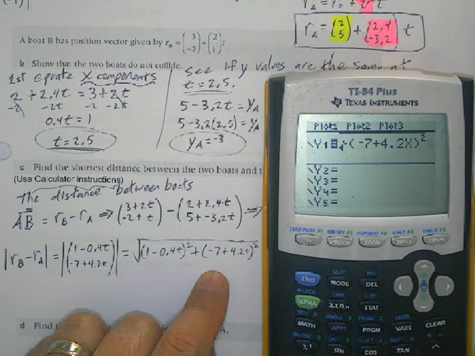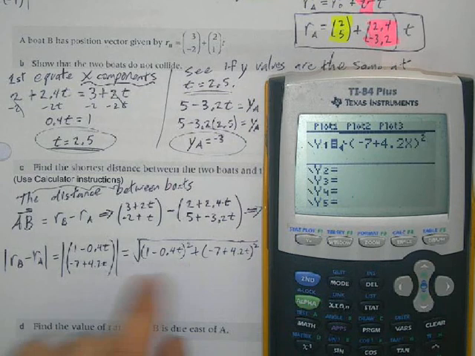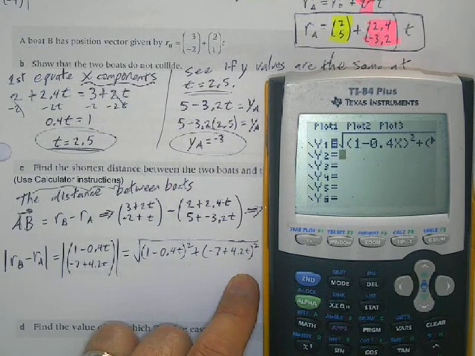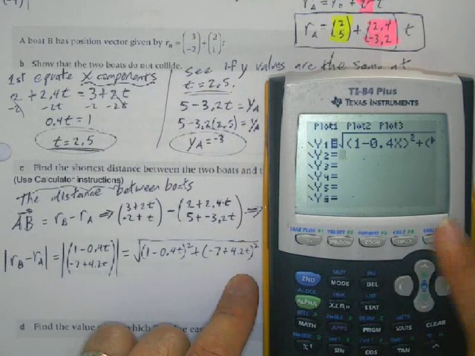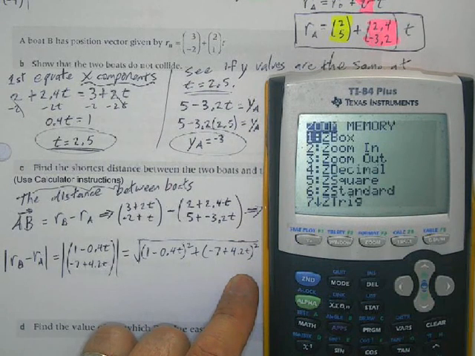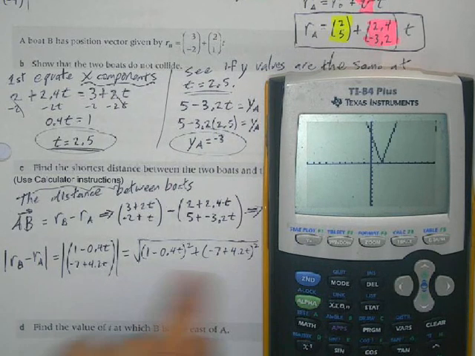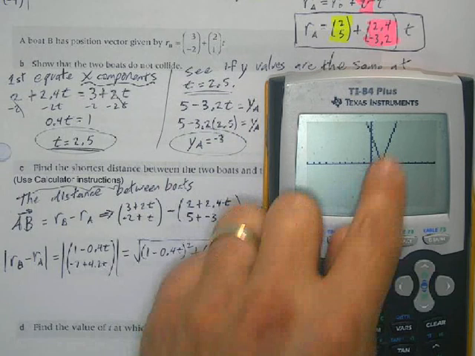Okay, so I've typed in my equation here, and now I can graph it. So I'm going to do zoom 6 to get a standard graph. And so I've typed this in here, and then my graph looks like this.